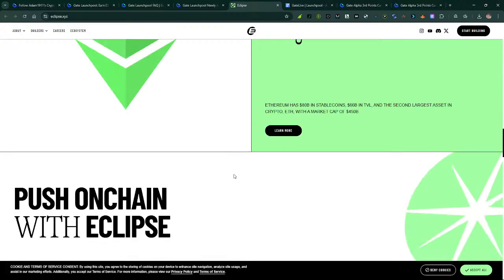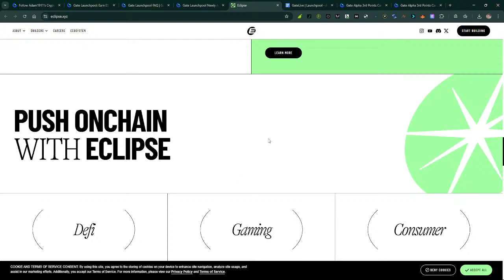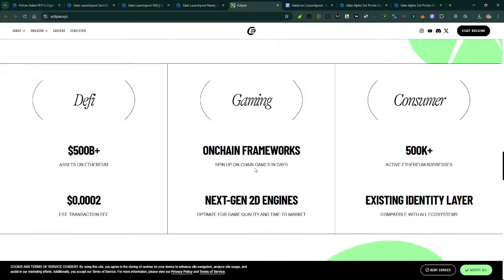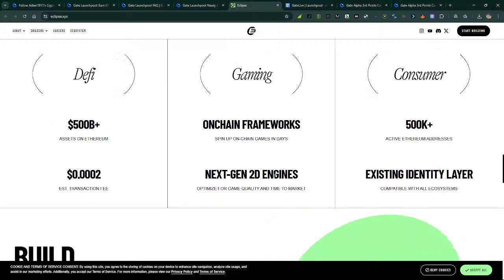They updated, by the way, and push on chain with Eclipse. On DeFi, you can see 500 billion plus assets on Ethereum, and 0.0002 estimated transaction fee. Holy moly, that's super low. And for gaming, on-chain frameworks are like sign up on-chain games in days, and next generation 2D engines optimized for game quality and time to market.